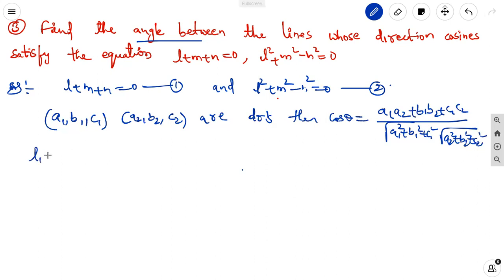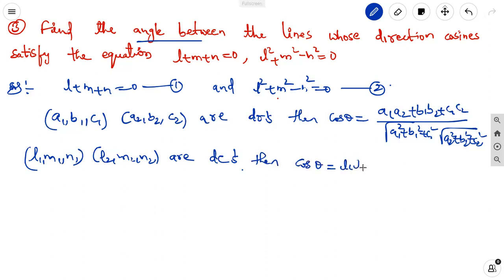If l1, m1, n1 and l2, m2, n2 are DCs, direction cosines, then cos theta equal to l1 l2 plus m1 m2 plus n1 n2.